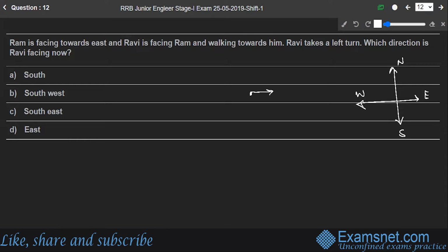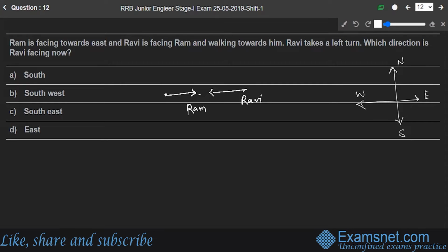And there is Ram. Ram is facing towards east. And Ravi is facing towards Ram. So that means Ravi is over here facing like this. So here is Ram facing and here is Ravi facing. Now walking towards him.